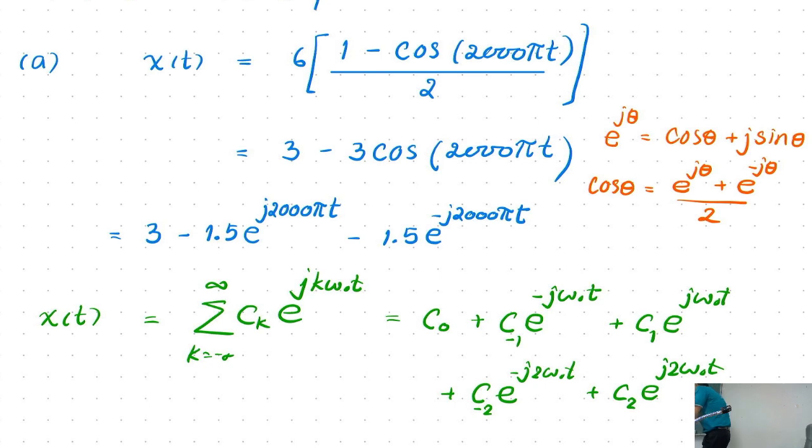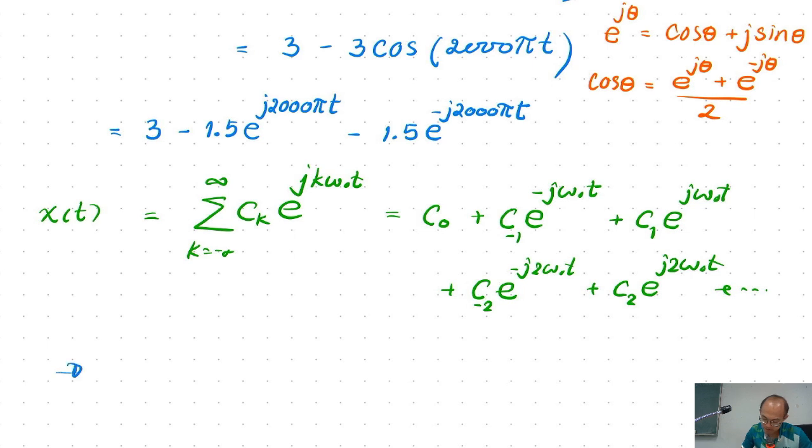So if you compare each term, you see that this is C0, this is C1, and omega 0 is 2000 pi. This is C minus 1. The rest is 0 because we don't have other terms here except these three terms. So C minus 2, C2, C minus 3, C3, and so on are all zeros except for C minus 1, C0, and C1.